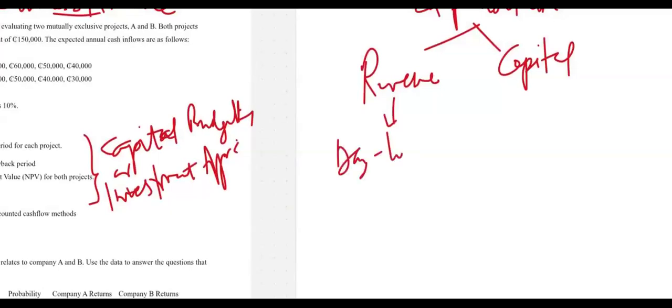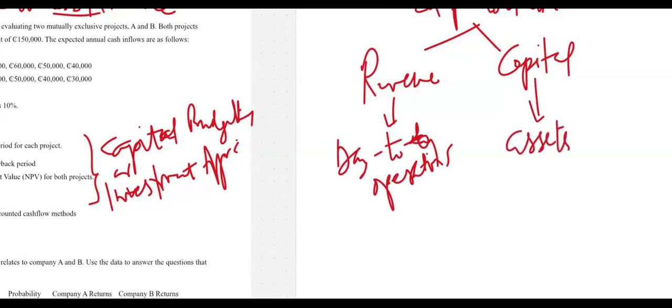The business spends money on day-to-day operations, right? And then capital expenditure is on assets, specifically non-current assets, NCAs. They can be tangible or intangible. When you spend those monies, they are quite huge and they are for substantial projects.